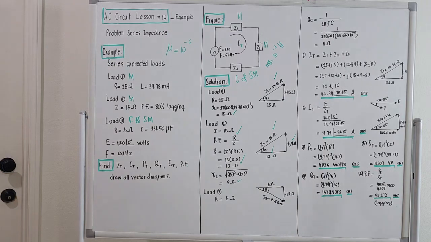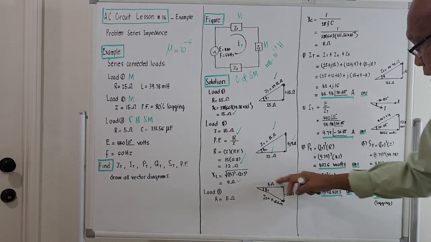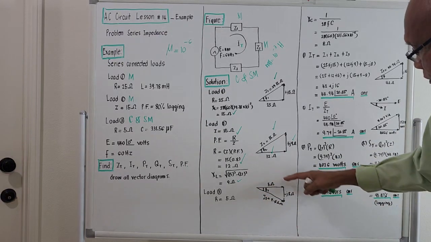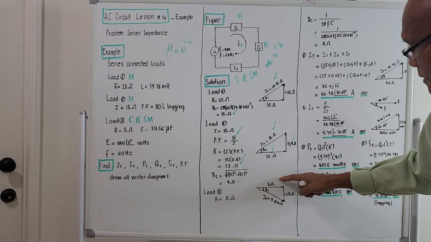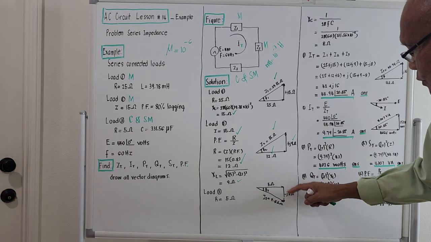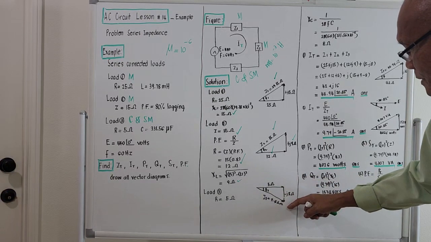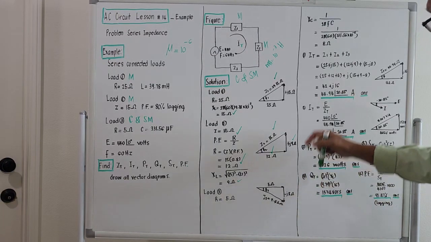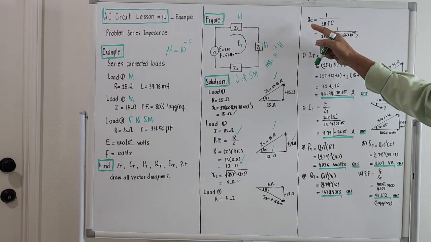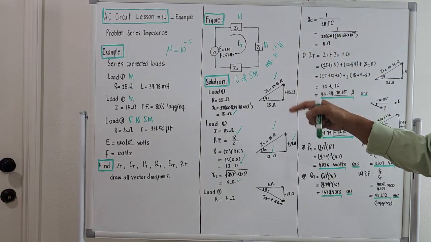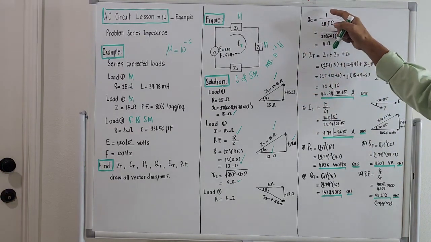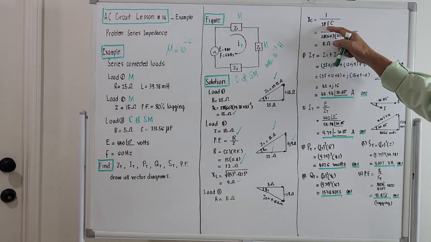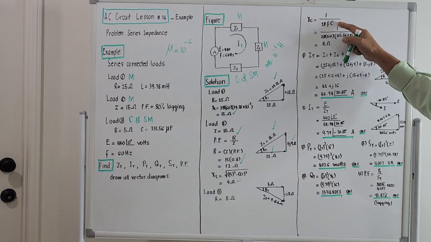Right? So if we draw the vector diagram of the impedance for load number 3, this is 5 ohms, and this portion here is the jX of C. One of the formulas to compute the reactance is X of C equals 1 over 2 pi F C. We are given the frequency and the capacitance.